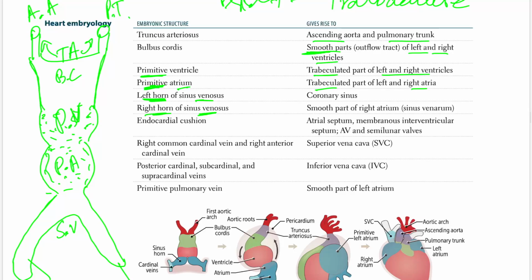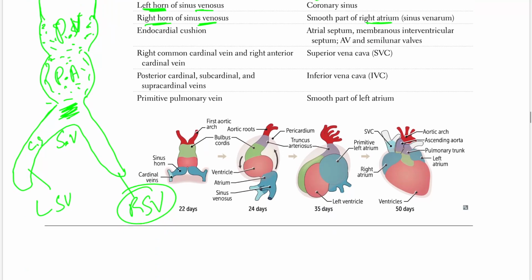This sinus venosus, the left horn, gives rise to the coronary sinus, CS, while the right horn gives the smooth part of the atrium. Smooth part of atrium is due to right sinus venosus.